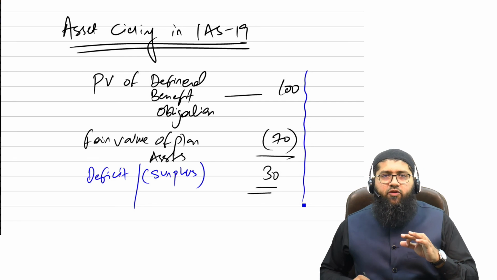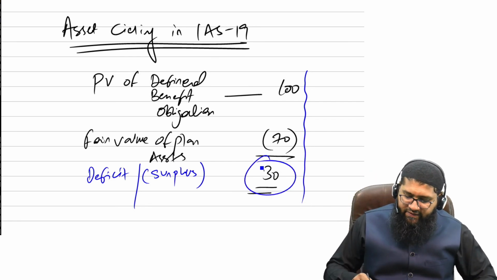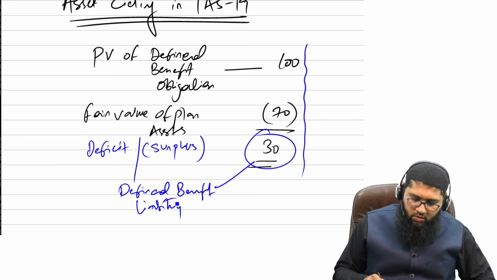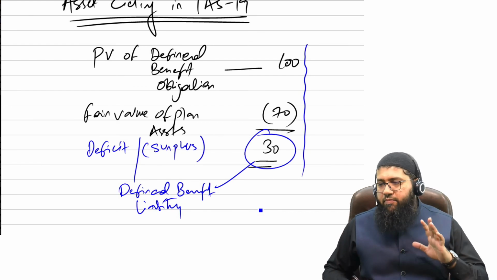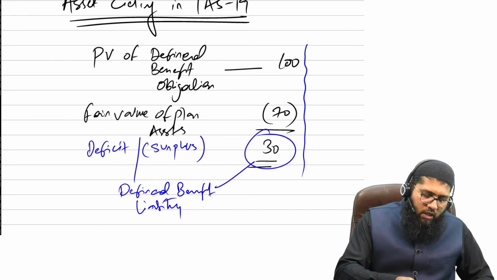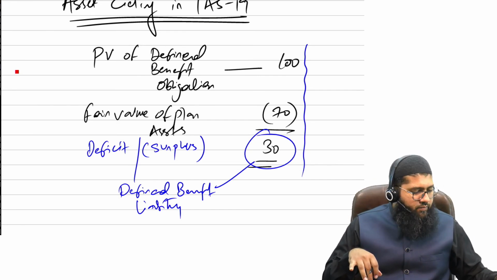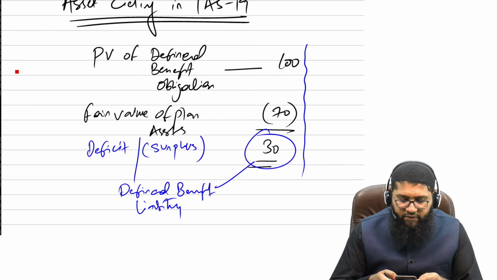This 30 is going to be considered as a deficit, and this deficit is going to be shown as a defined benefit liability in your company's financial statement. However, majority of the times, this is how the situation is.